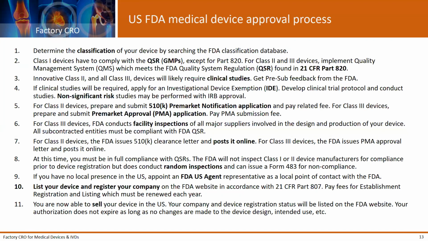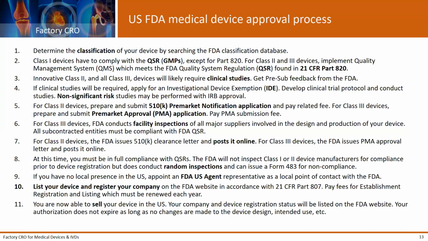You need to develop a protocol and conduct a study. Non-significant risk studies may be performed with IRB approval only. For class 2 devices, you need to submit a pre-market notification application. For class 3 devices, you need a PMA, a pre-market approval application.